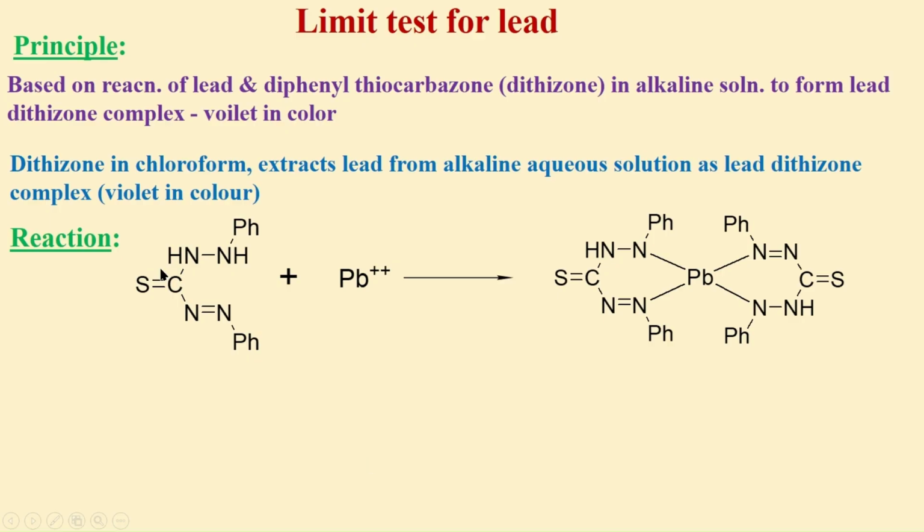We take dithizone in the chloroform layer and we dissolve the substance in water, and the lead present in the given substance gets extracted with the dithizone dissolved in chloroform and forms the dithizone complex, lead dithizone complex.